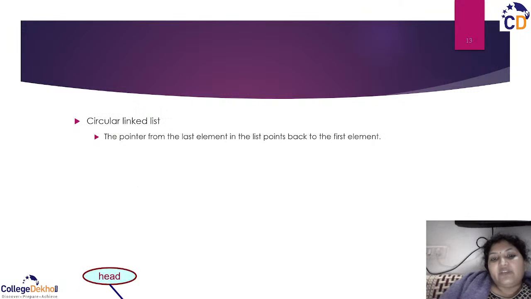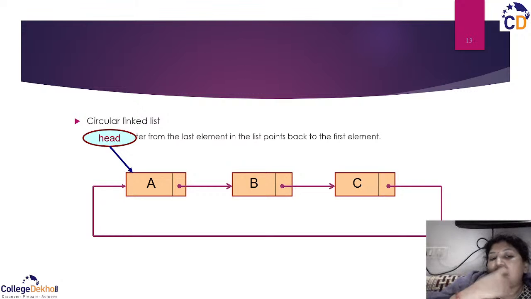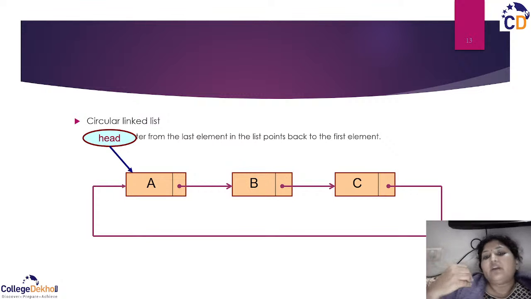Whereas in a circular linked list, the first element remains the same, like you have head or start, you can assign any name to it. The last element holds the address of the first node in the list. That's why it makes a circular path between the elements.